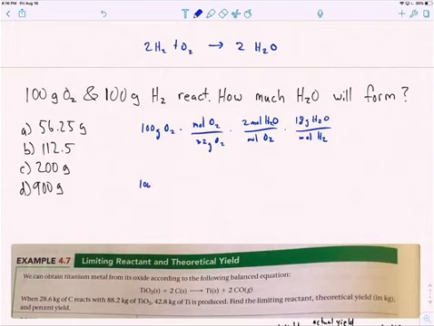And hydrogen, 100 grams hydrogen, 1 mole H2 to 2 grams, then 2 moles water per 2 moles H2. I know it's 2 to 2, but you can simplify it to 1.